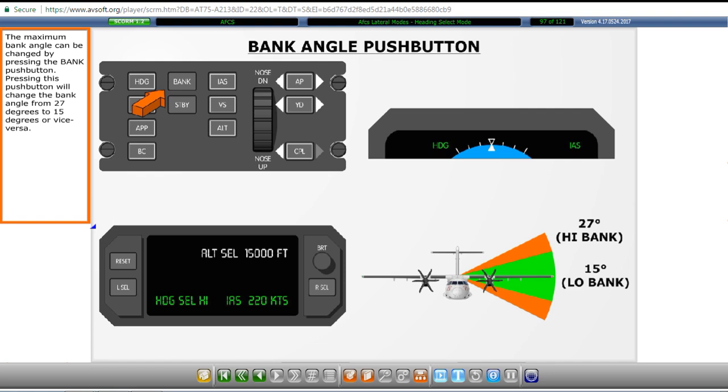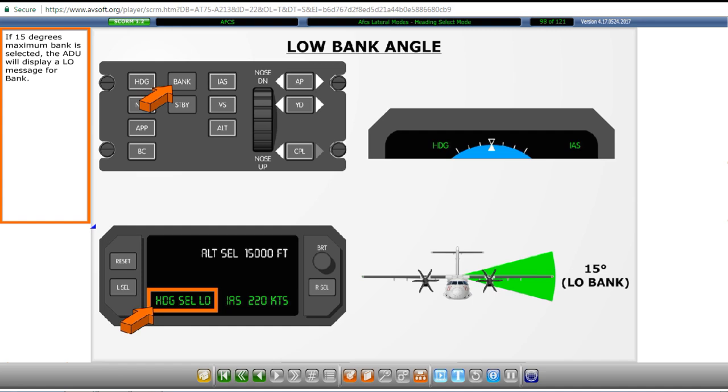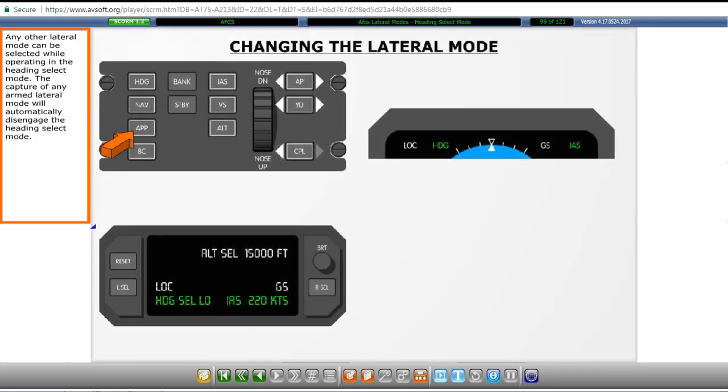Pressing this push button will change the bank angle from 27 degrees to 15 degrees or vice versa. If 15 degrees maximum bank is selected, the ADU will display a low message for bank. Any other lateral mode can be selected while operating in the heading select mode. The capture of any armed lateral mode will automatically disengage the heading select mode.